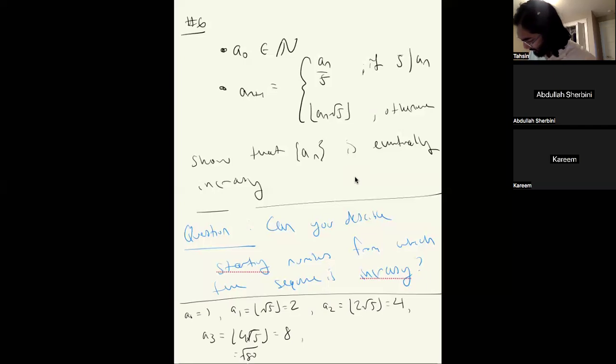Is this right? Have I made a mistake? And A4 will be, which is what? So now, 320, which is I think 17 or something, maybe.